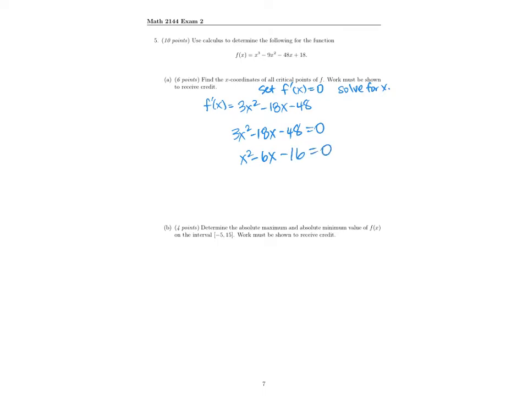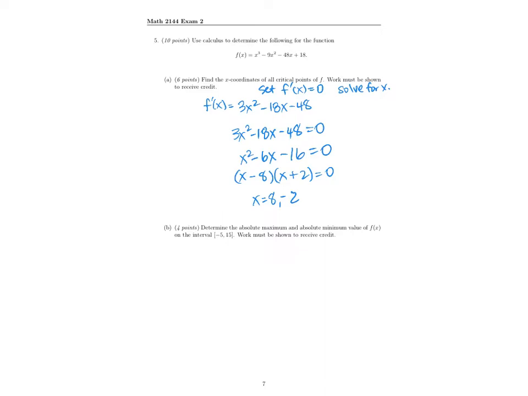Okay, and then let's see, factors of 16 are 8 and 2. Is this going to work? I think I can get a 6 out of that. So if I do x minus 8, x plus 2, then that will give me what I need. So x is equal to 8 and negative 2. So those are the x-coordinates of the critical points of f.